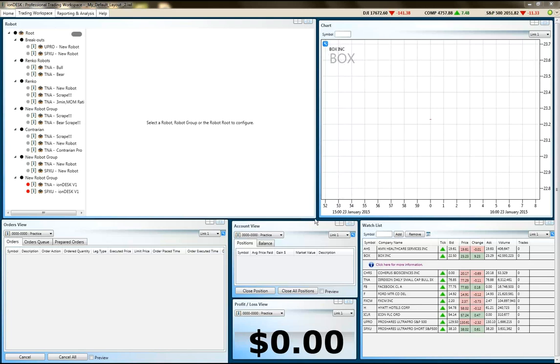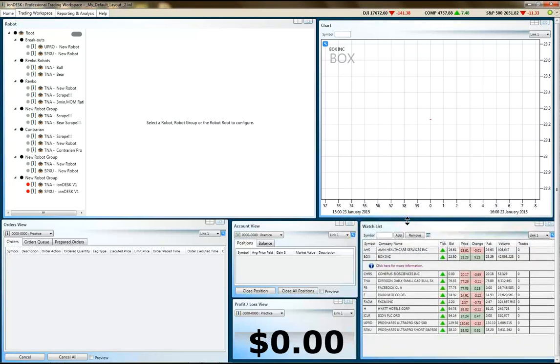So, tell me a little bit about what you want to achieve trading-wise, or what would you like to learn about Ion Desk? Trading-wise, I just want to try and evaluate this software first of all, and see if I can do automated trading when I'm at work.